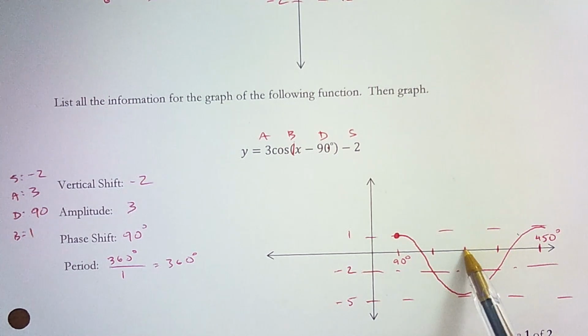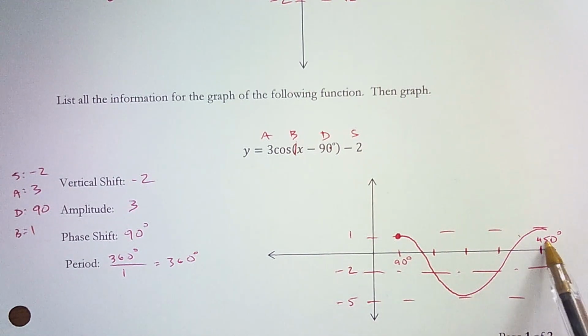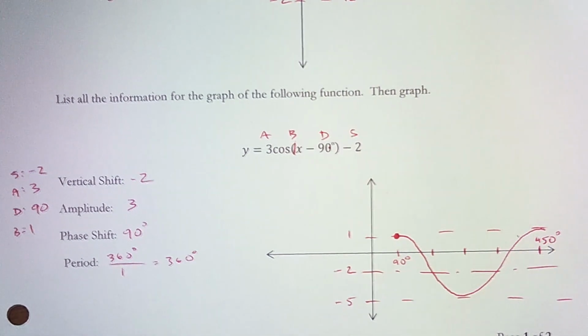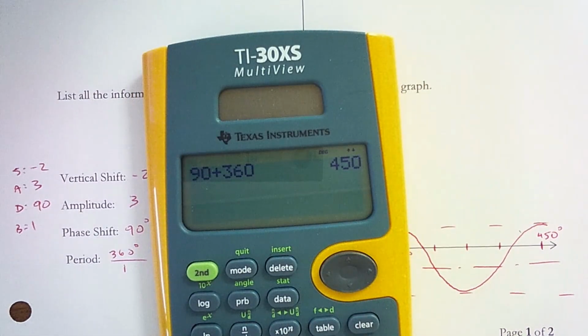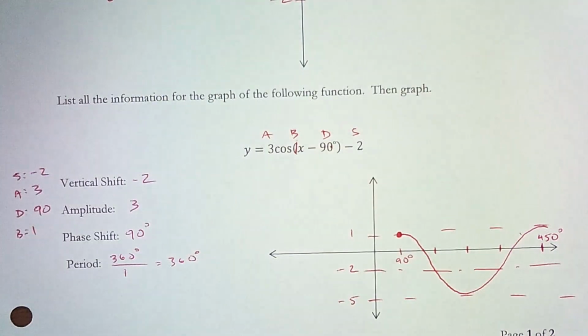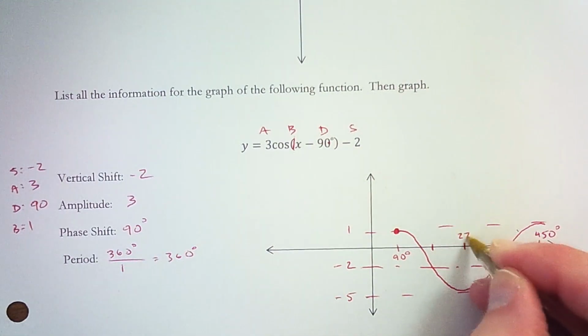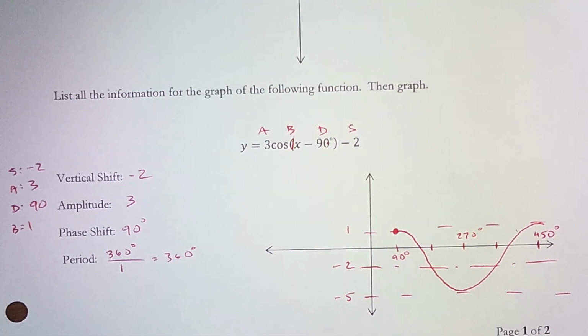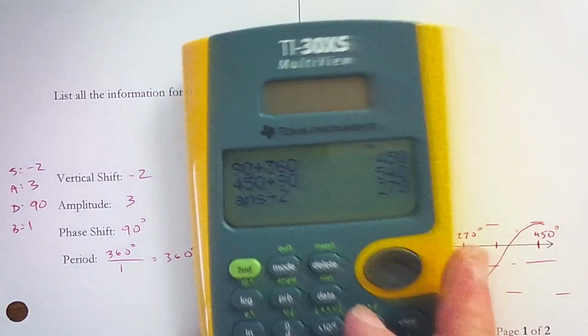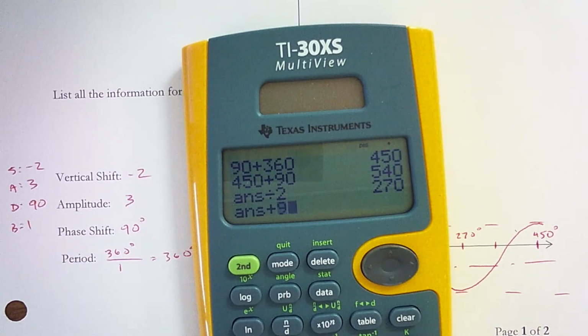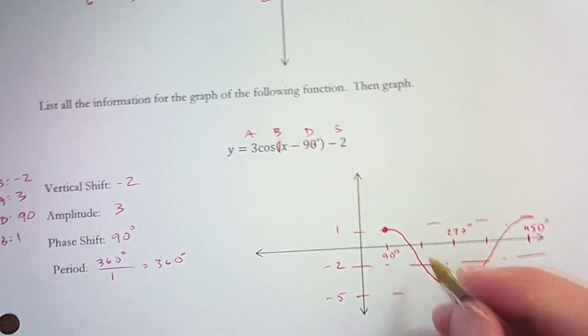To get the center, what I'm going to do is take the average of 90 and 450. So if I take 450 and add 90, and then divide by 2, I get the average, and that is 270. So right here we're at 270 degrees. Now I'll do the average of 90 and 270. So I've got 270 plus 90, and that's 360, divided by 2, and I'm at 180.